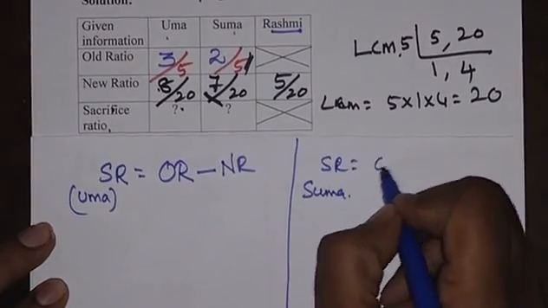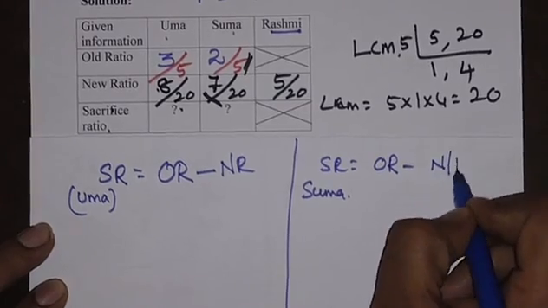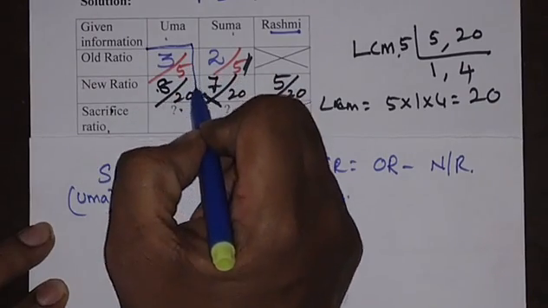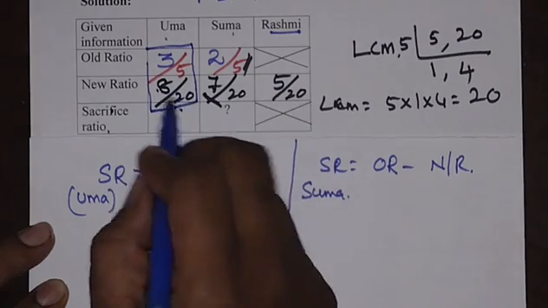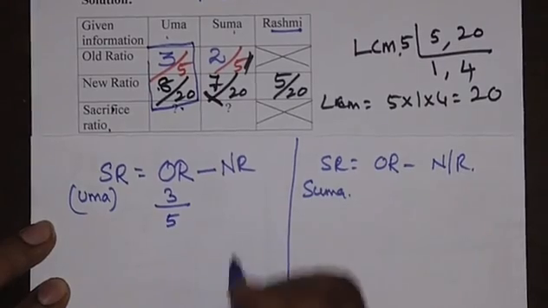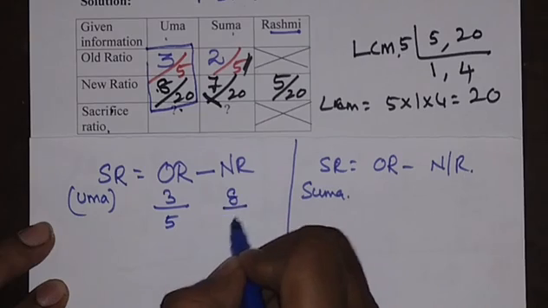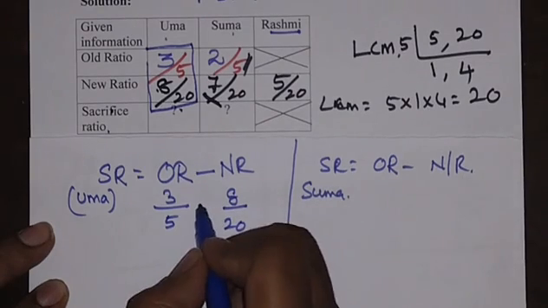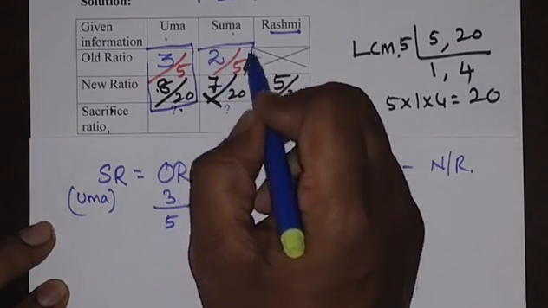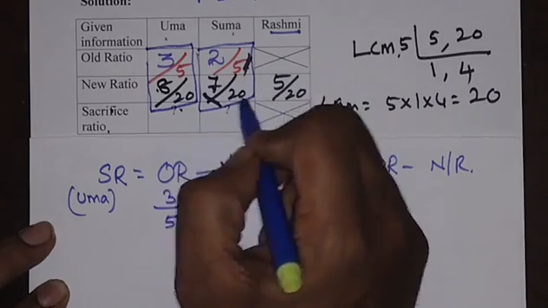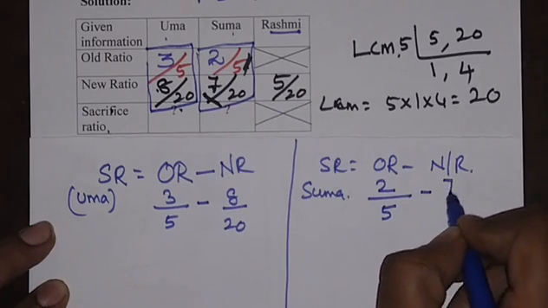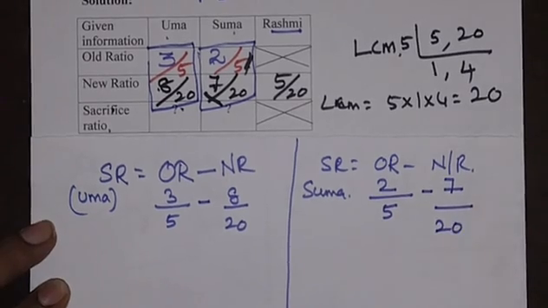Now we can see here for Uma 3 by 5 is there, 8 by 20 is there. 3 by 5 is old ratio and 8 by 20 is the new ratio and the symbol is minus. In the same manner for Suma it is 2 by 5 and 7 by 20. Old ratio is 2 by 5 and new ratio is 7 by 20.